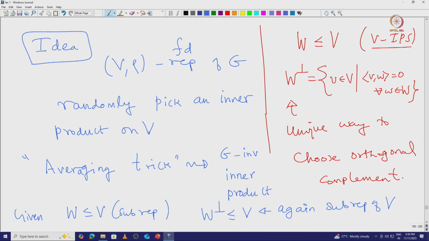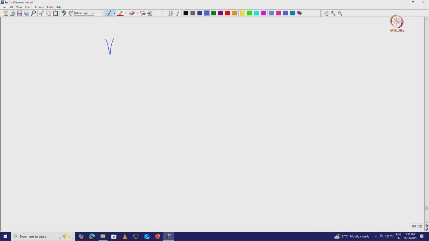In particular, we will be able to write V as W direct sum W perp.